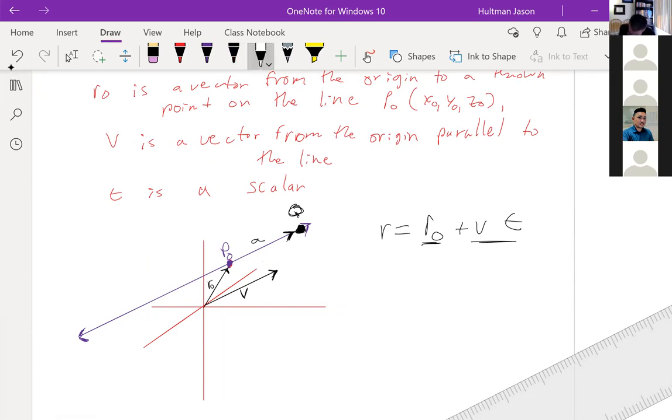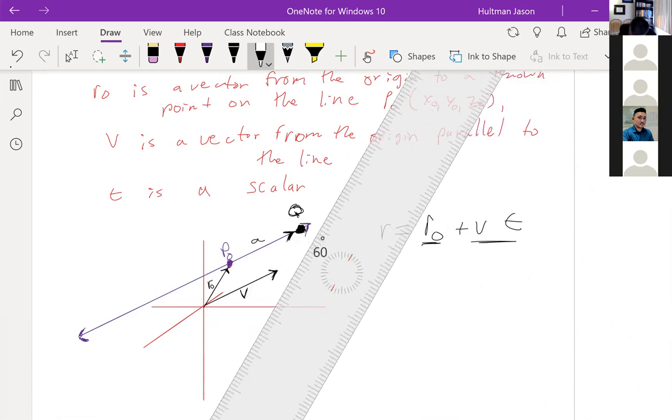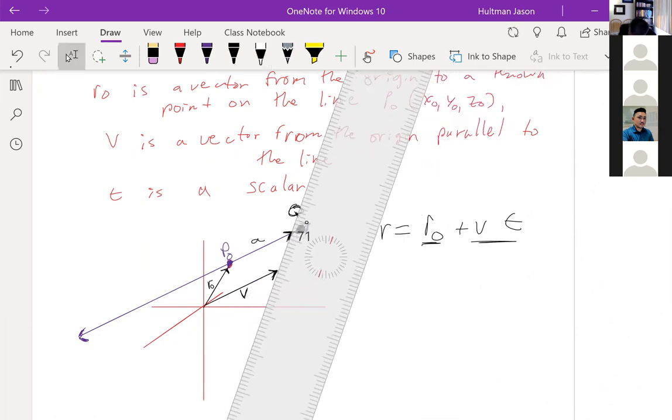Okay, I'm going to get rid of this line here. That's an auxiliary line, just to let you guys know. But how would I add these? Well, I would get this parallelogram here.